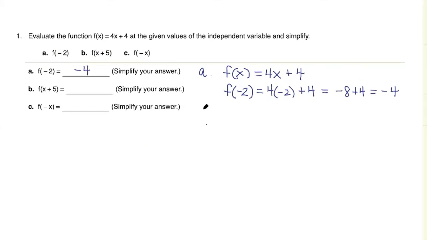All right, for part B, in this case, my input is this whole thing, x plus 5. So to clarify a little bit with some color, this is the input, and I need to put it where the input goes. When I say put it where the input goes, I mean in place of the x that's already there, you put this new input.